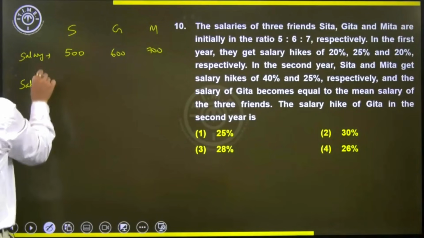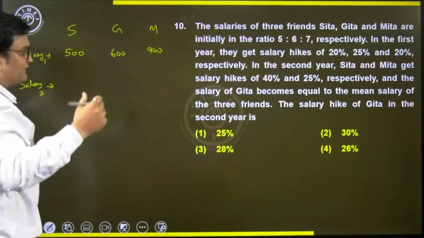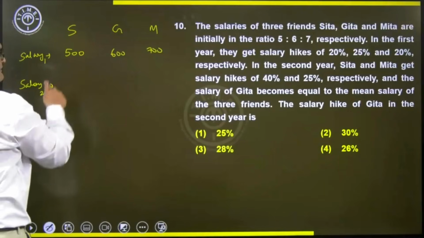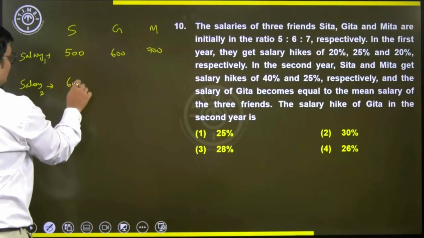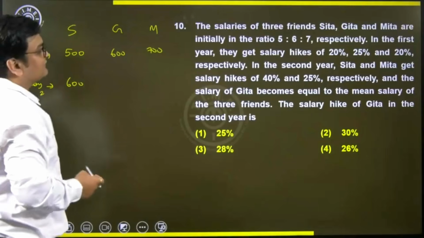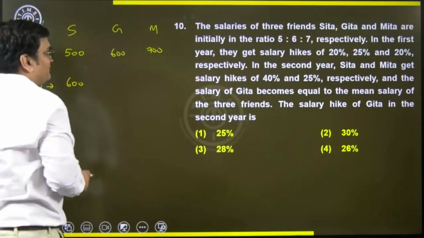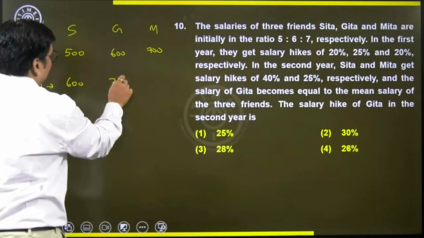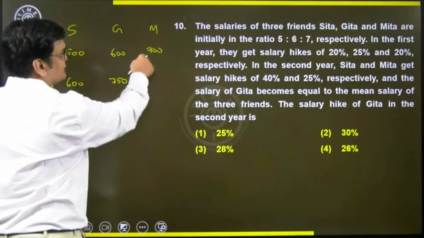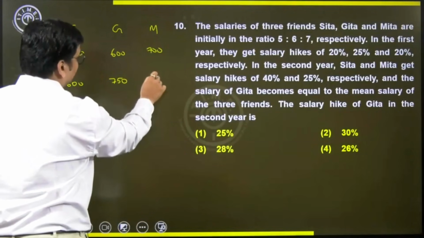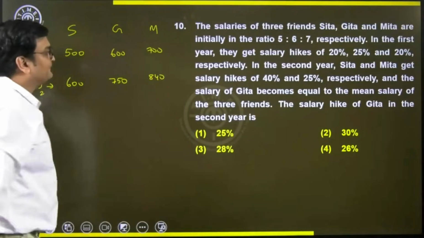Let us call this salary 1 initial, salary 2 after the hike. 500 increasing by 20% becomes 600. 600 increasing by 25%, an increase of 150, becomes 750. 700 increasing by 20%, an increase of 140, becomes 840 rupees.